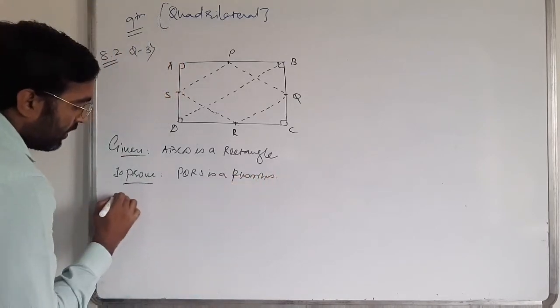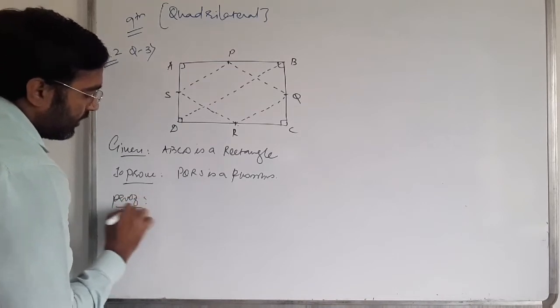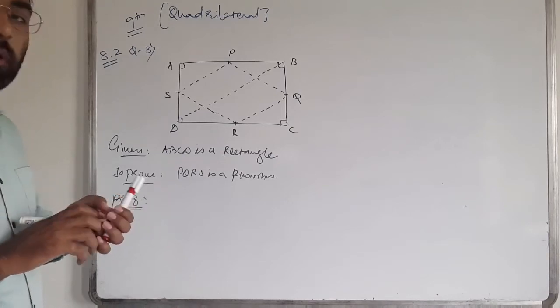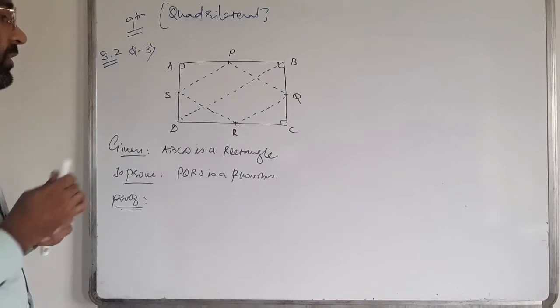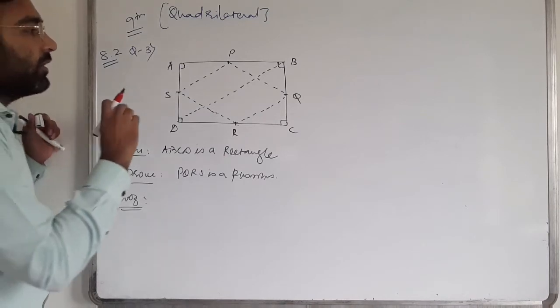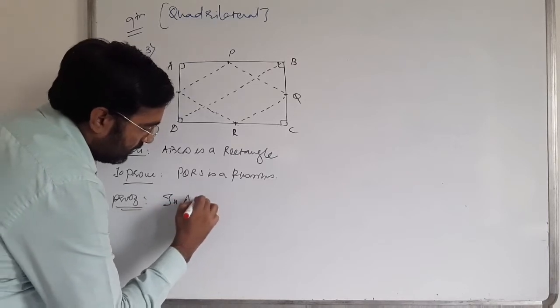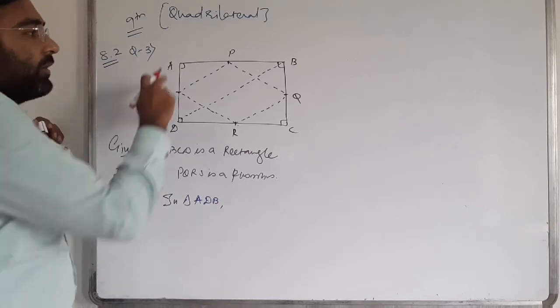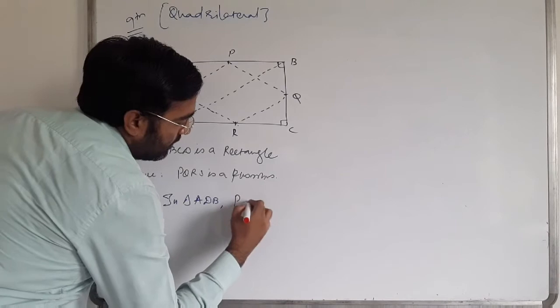So let's start the proof using the midpoint theorem. In triangle ABD, P and S are the midpoints.